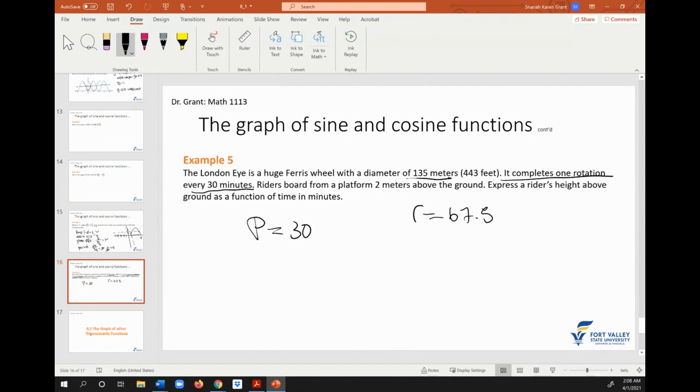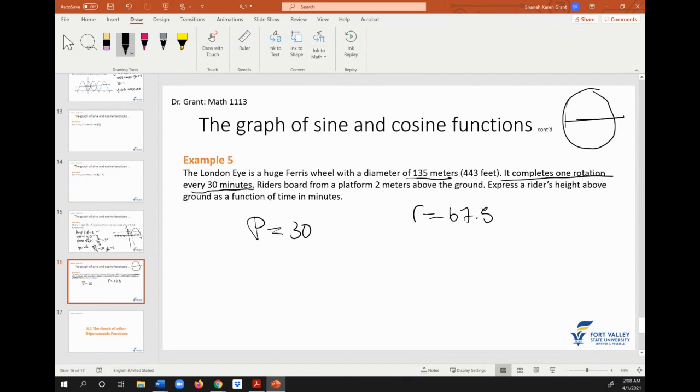So basically it's saying that if the radius of the Ferris wheel is 67.5, that means when it rotates, it's going to go up 67.5, or it's going to go down 67.5. So if you think about it, let's say you have this Ferris wheel. It looks like this.